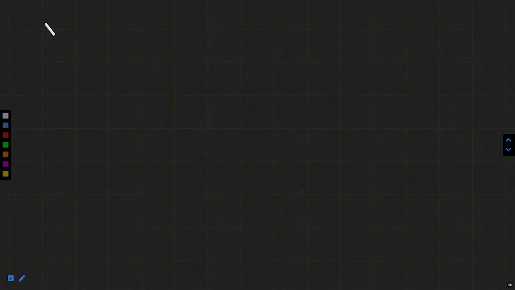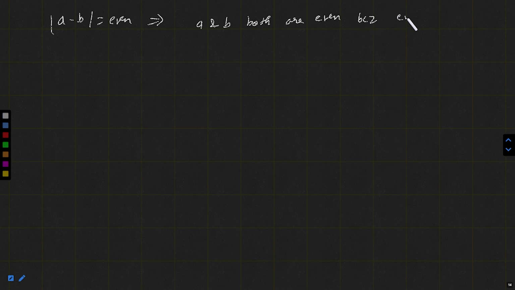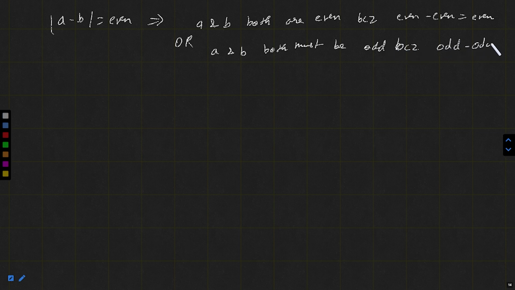Let me use the blackboard: a - b is even implies a and b are both even, because even minus even equals even, or a and b must both be odd, because odd minus odd must be even. Odd minus odd will always give even.